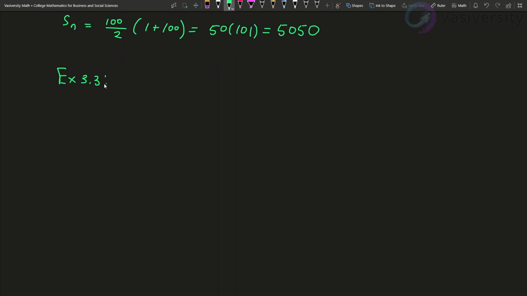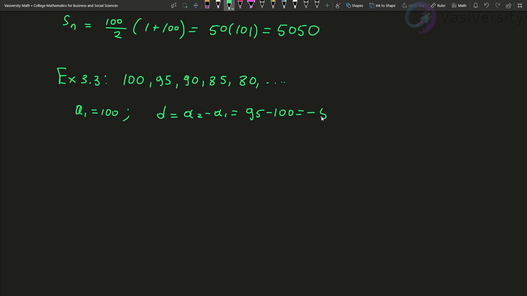Example 3.3. So if we have 100, 95, 90, 85, 80, and so on. So, right, our first term is 100. Our difference is going to be, let's do a2 minus a1, which is equal to 95 minus 100, which is equal to negative 5.